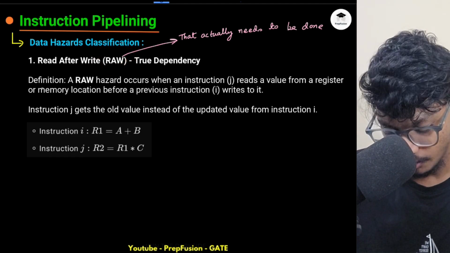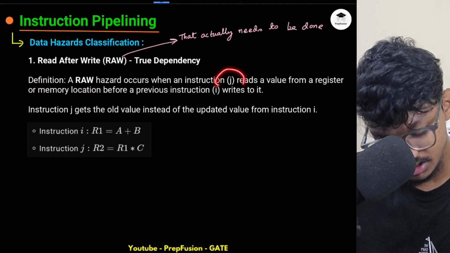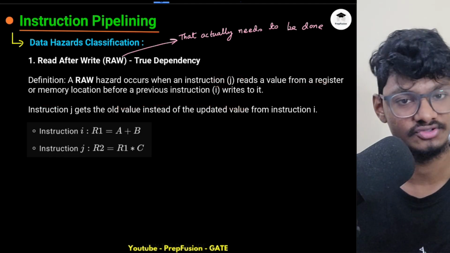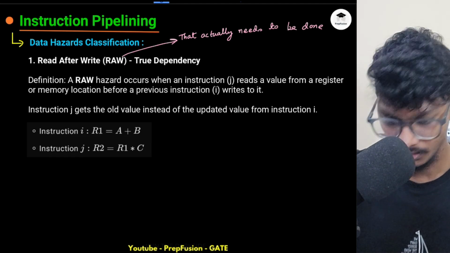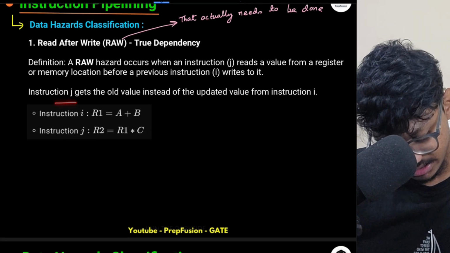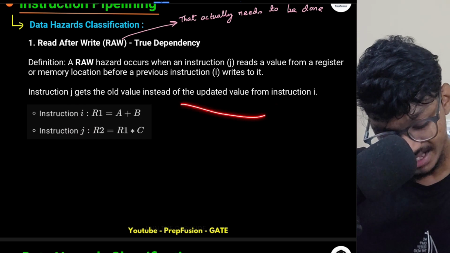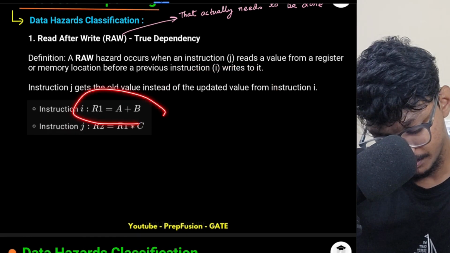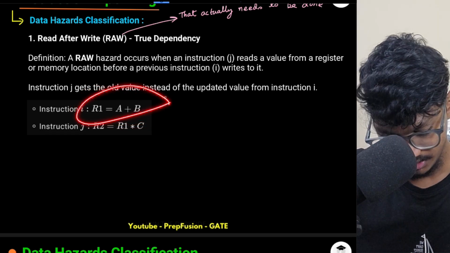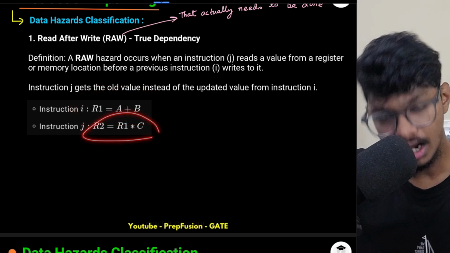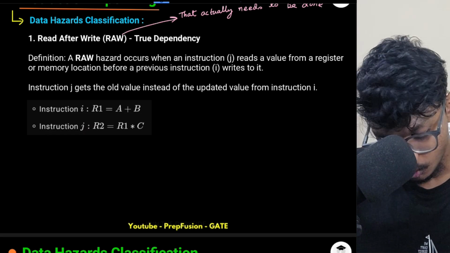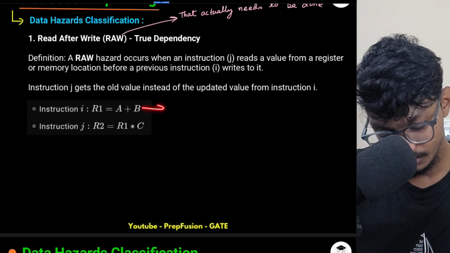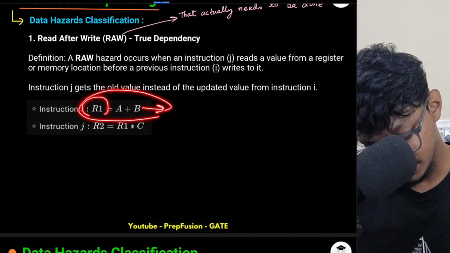Definition: a RAW hazard occurs when an instruction J reads a value from a register or memory location before the previous instruction I writes to it. The example that we have just used: instruction J, the second instruction, gets the old value instead of the updated value from instruction I. I have instruction I, where R1 is A plus B, and my R2 is R1 into C. If I am using pipelined instructions, it will take some time to execute and update the value of R1.